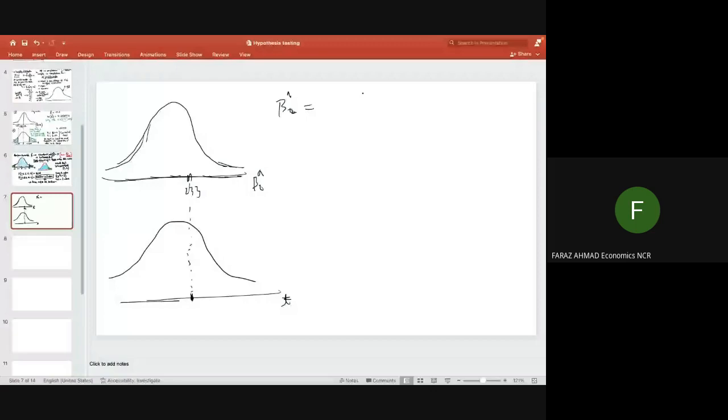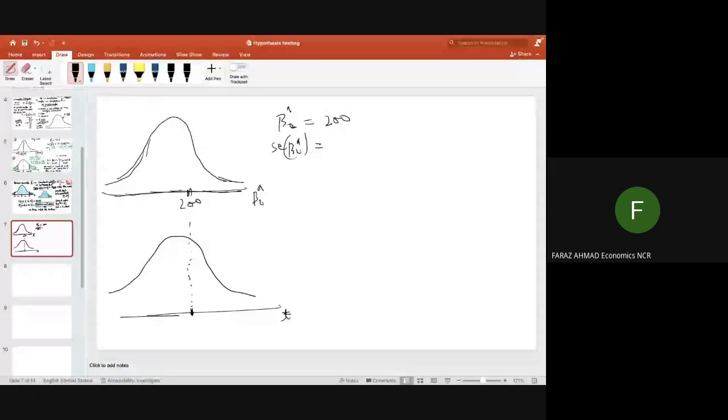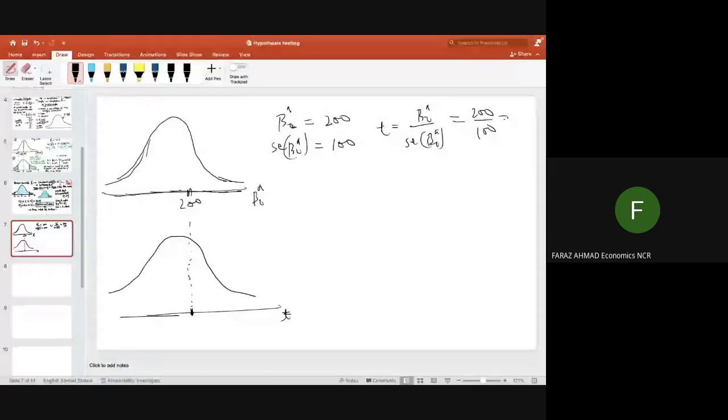Let me make it an easy number. So suppose beta 2 hat is 200, and standard error beta 2 hat is 100. Then t statistic is going to be beta 2 hat divided by standard error beta 2 hat, and it is going to be 200 divided by 100, and it's going to be 2. So this value will be 2, right?